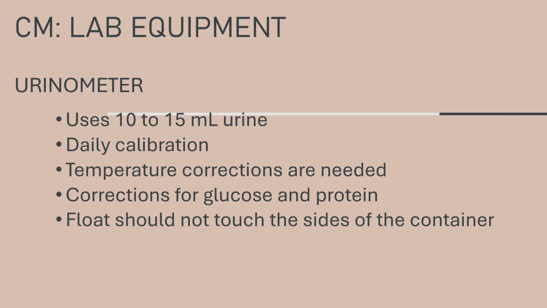Again, for calibration, calibrate with distilled water before use or daily, at a specific gravity of 1.000. Ensure that your urinometer is free from cracks and defects. Maintain the testing temperature at room temperature, 20 to 25 degrees Celsius.